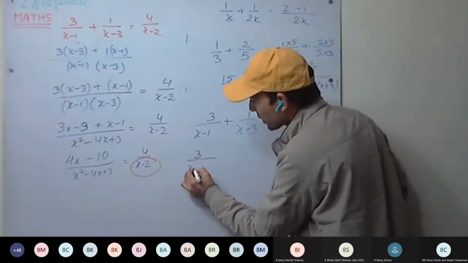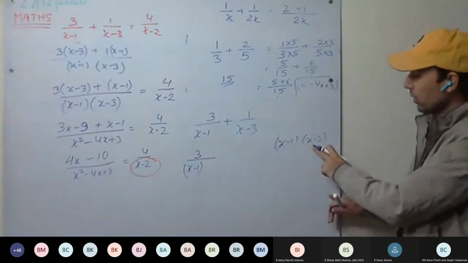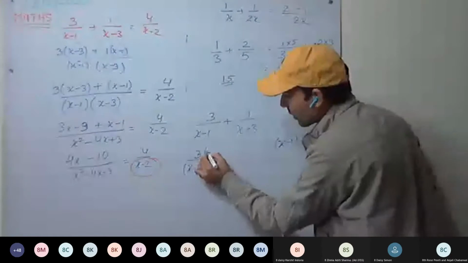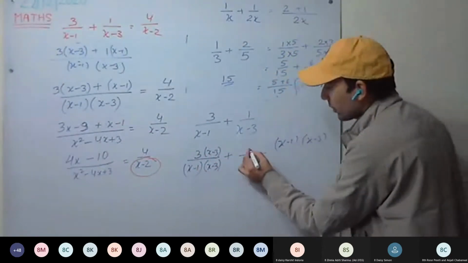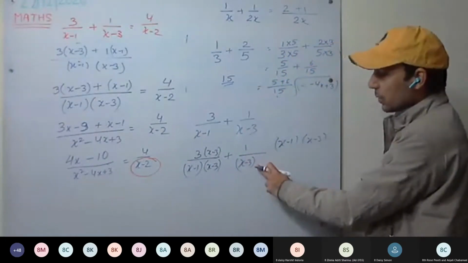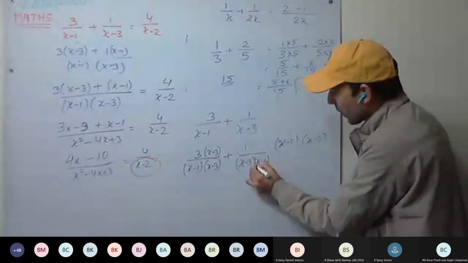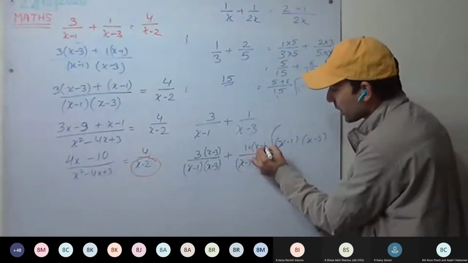To make the denominator this one, we multiply numerator and denominator by x minus 3. Plus here we have 1 upon x minus 3. This time you have to make the denominator x minus 1, x minus 3, so we multiply both numerator and denominator by x minus 1.